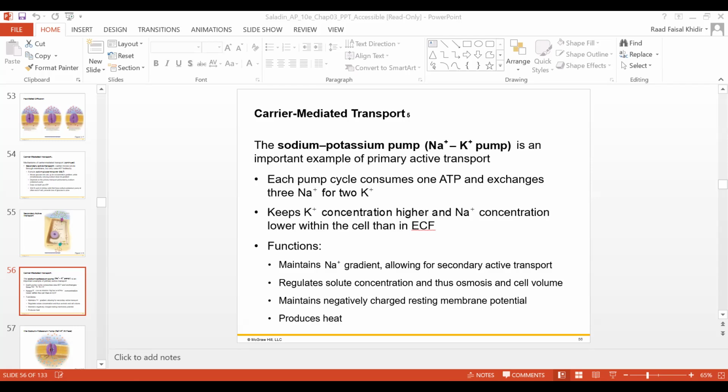Okay, guys. On our membrane, we have a very important sodium potassium ATPase. What does it do? This is our membrane.